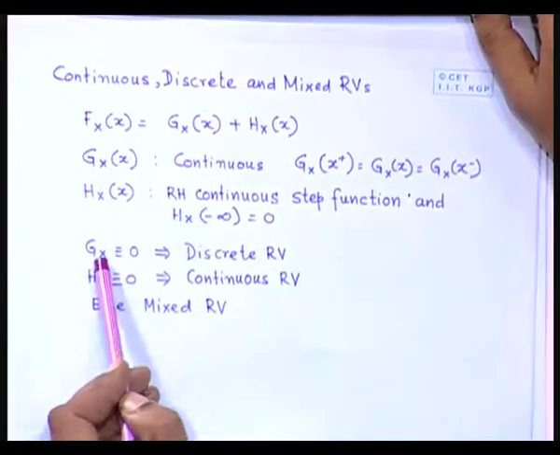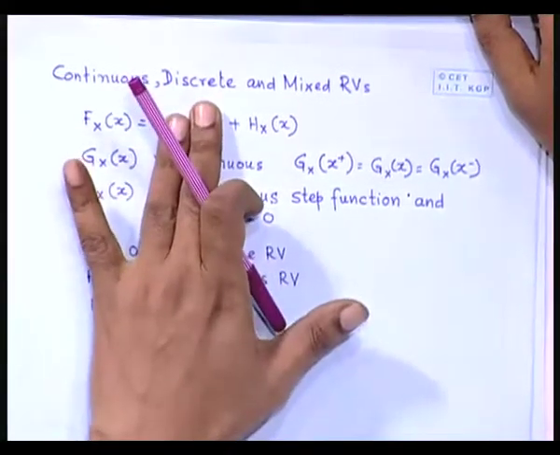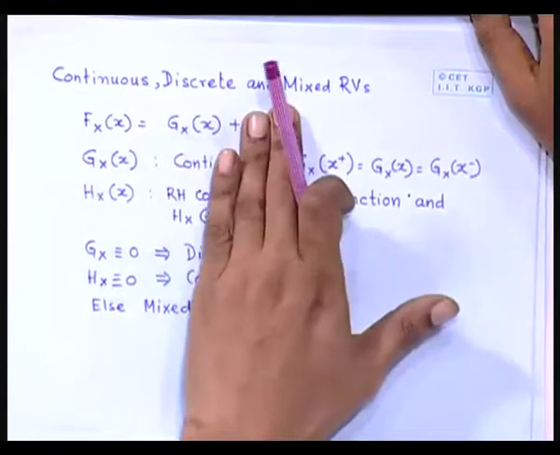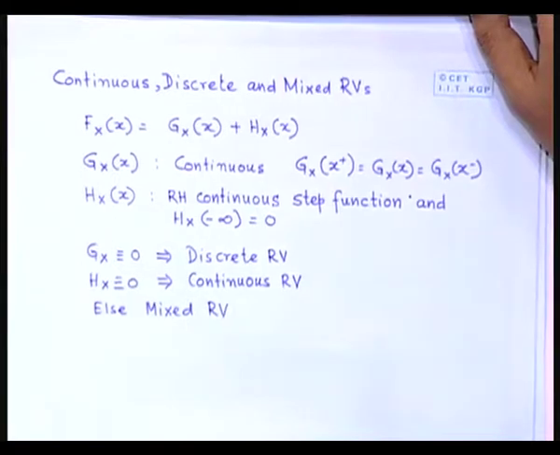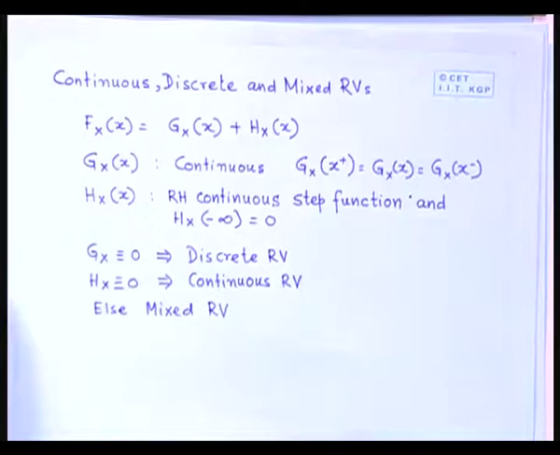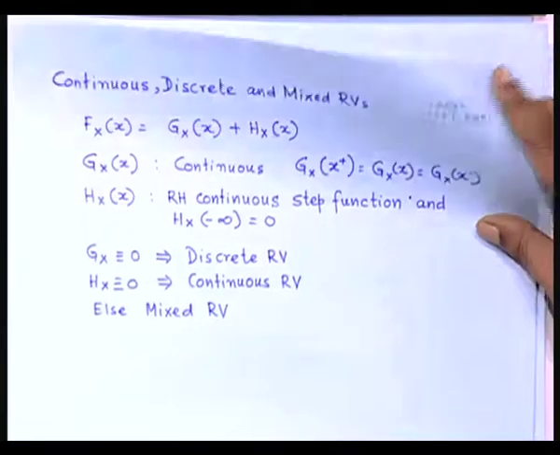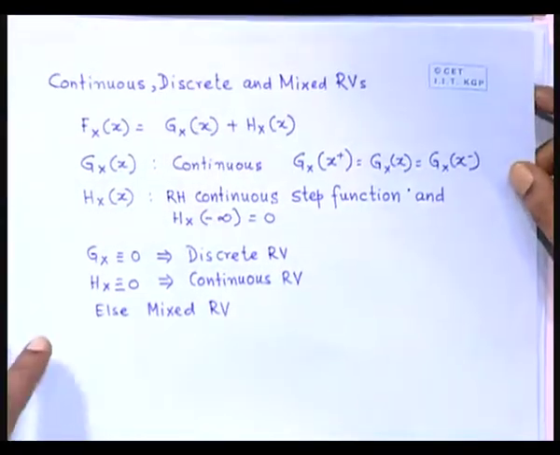So if gx is 0, then we have a purely discrete random variable. If hx is 0, we have a purely continuous random variable, and in general we have both. So these are the various kinds of random variables that you may have.